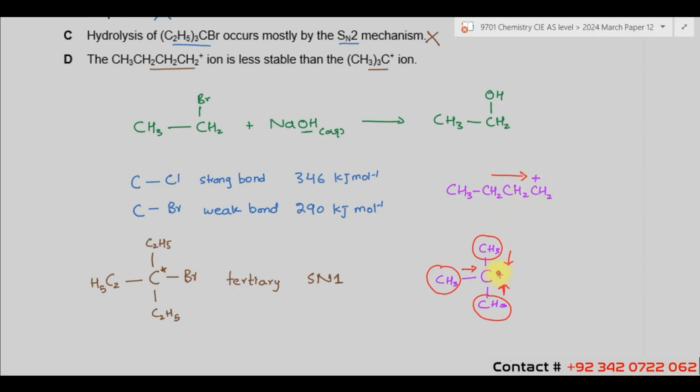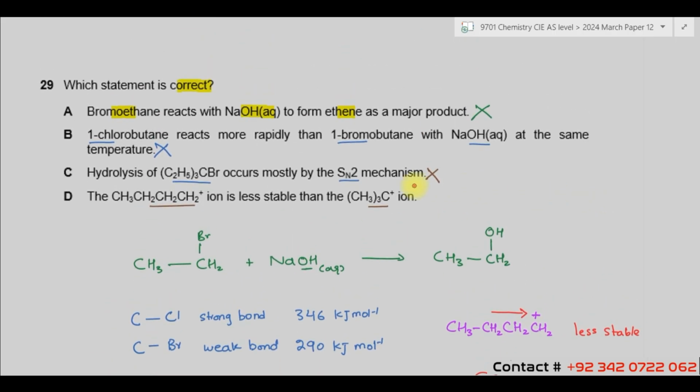So this is more reduced as compared to this one. This one is more stable. So this will be less stable. Correct answer is therefore D.